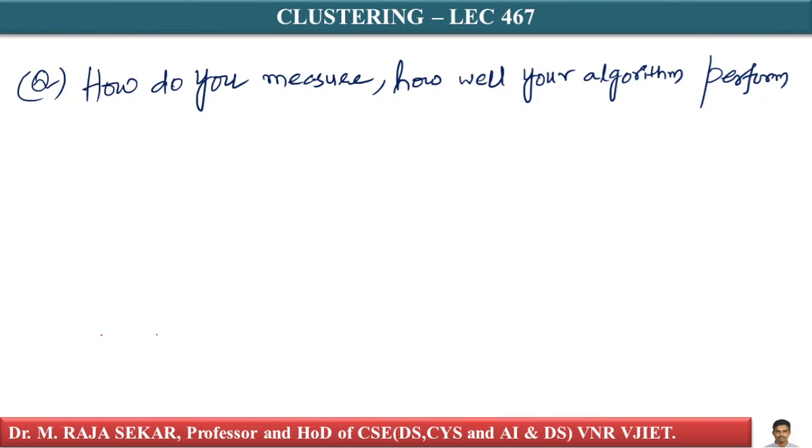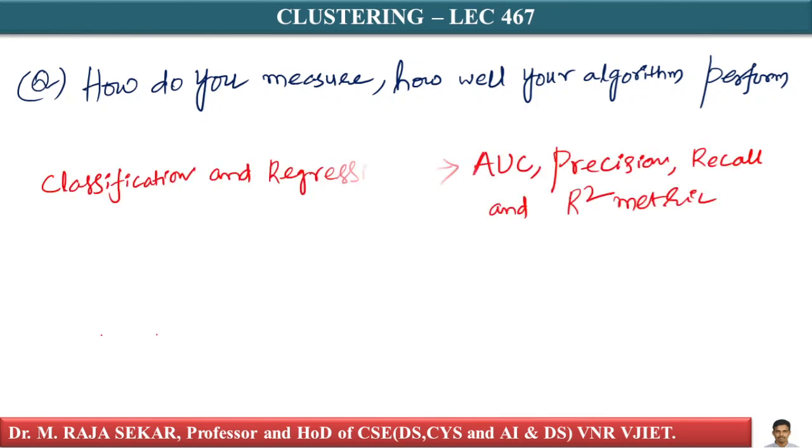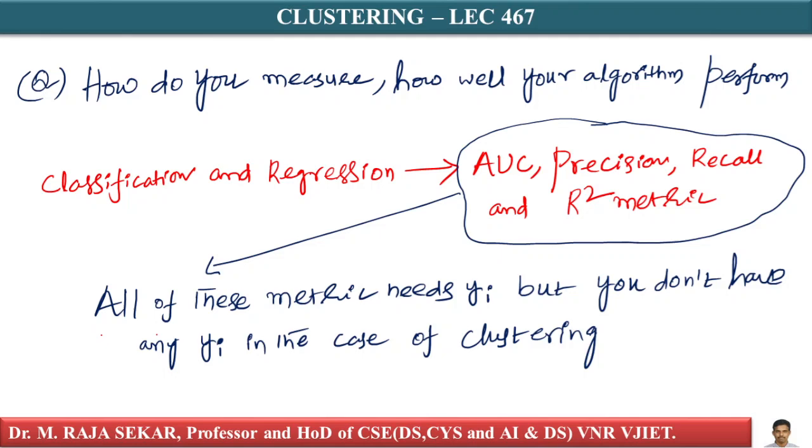Remember, in the case of classification and regression, we had a bunch of performance metrics like AUC, precision, recall, R-squared. All of these metrics need yi, but you don't have any yi in the case of clustering.